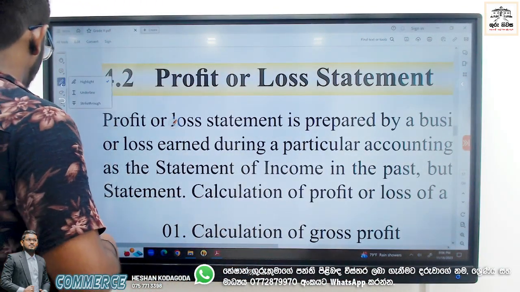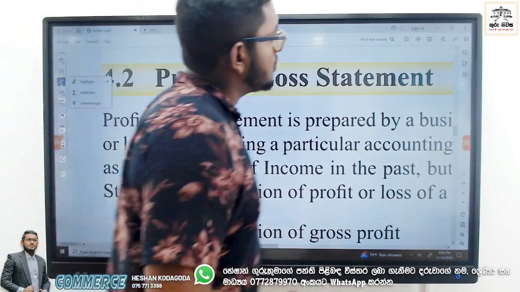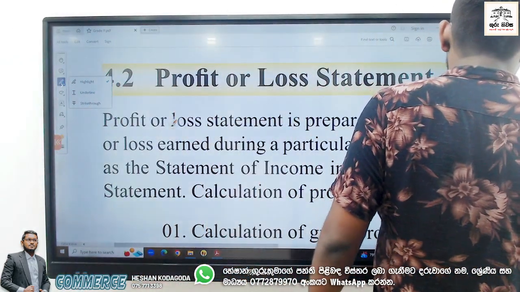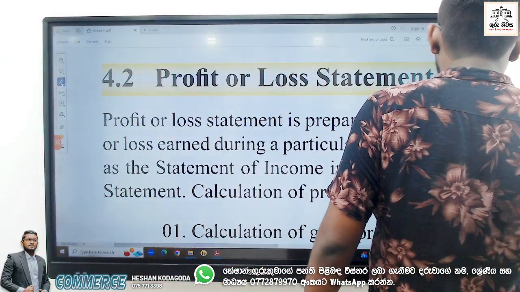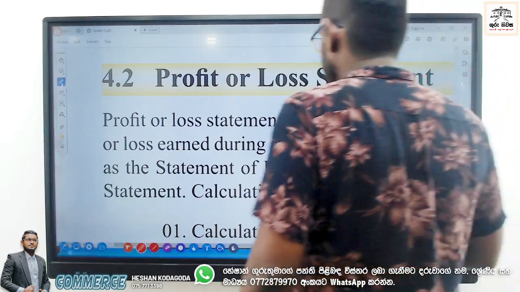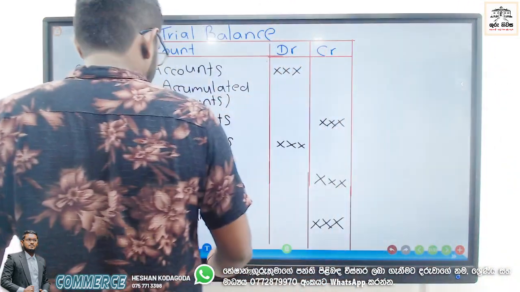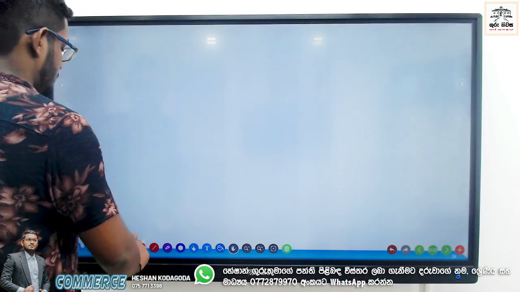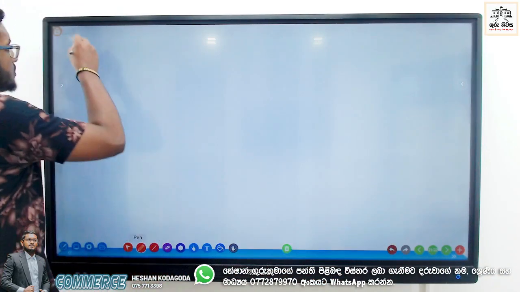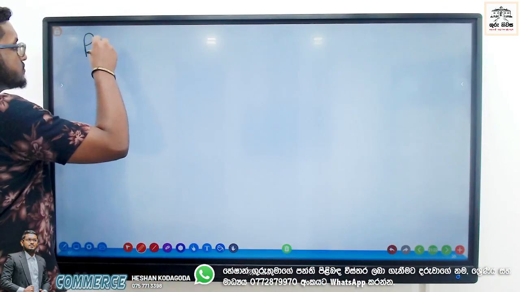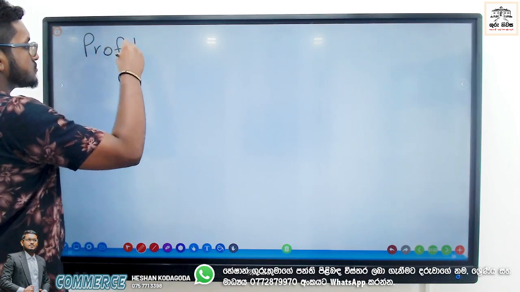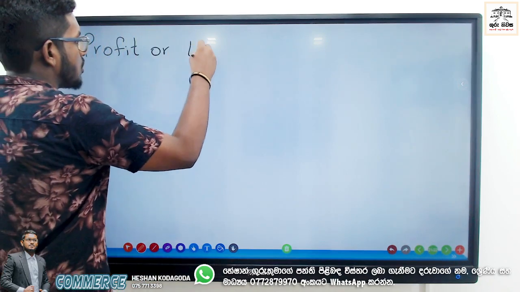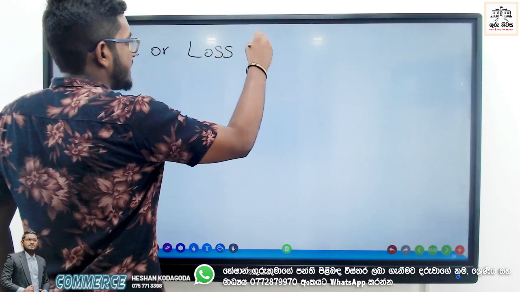Here we need to discuss both P&L and SOFP. So after the trial balance, write the subtopic: statement of profit or loss.